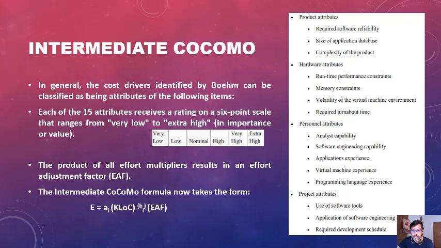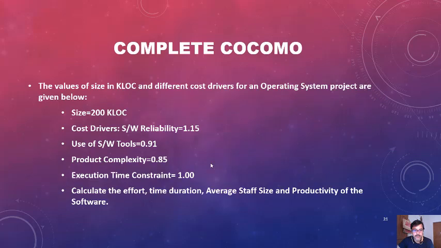This is an operating system project, and an operating system project is an embedded type project. So when we calculate the basic COCOMO, we will take our project as an embedded type project. After calculating the effort, we will calculate the time duration, the average staff size, and the productivity of the software. You do it yourself at home.